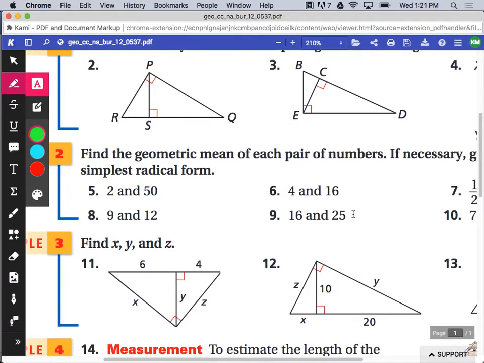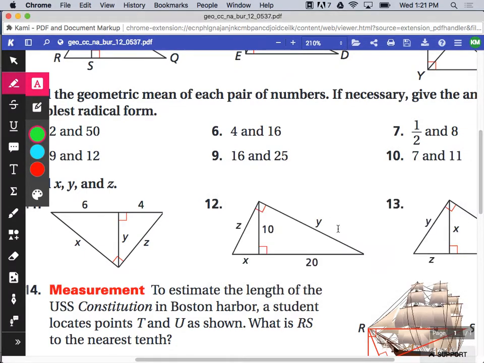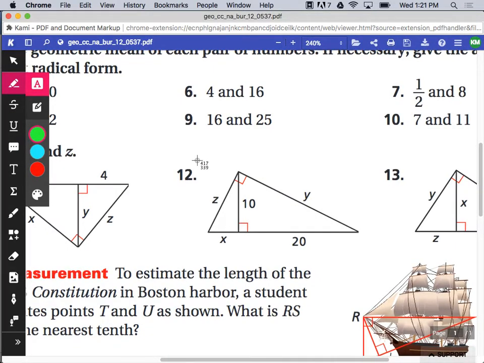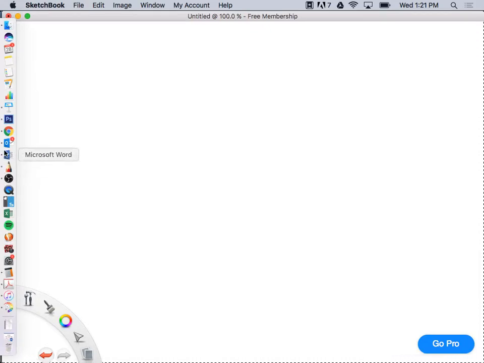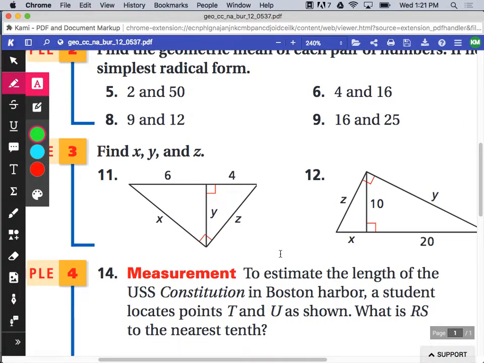There's one that was weird with those. That was like, yeah, number 12. So let's look at number 12. Number 12 is a little bit different. You guys understand how to do this? I understand that one. Okay. Another one for practice. I'm just going to do the same thing but change the numbers up, okay?